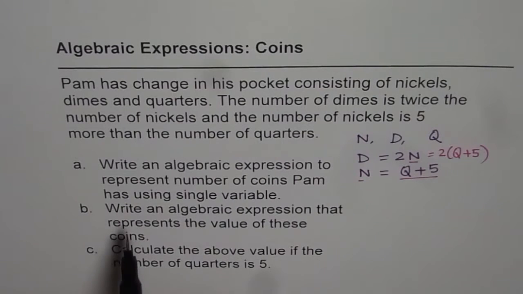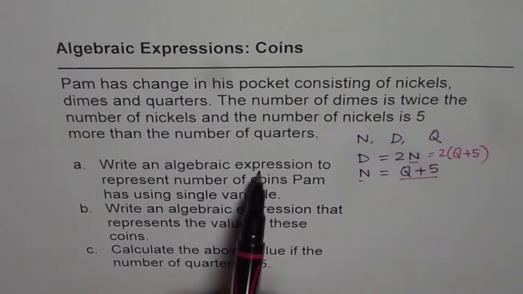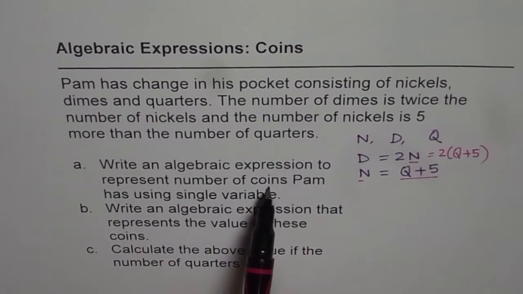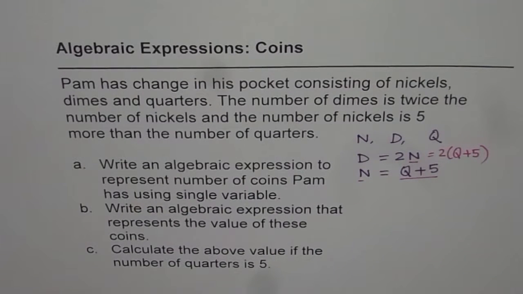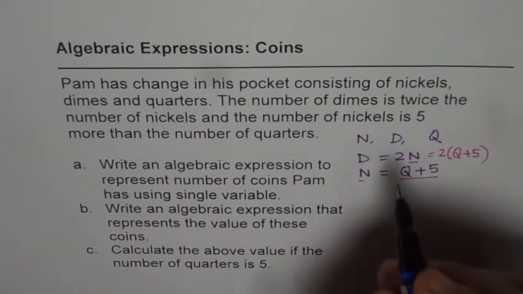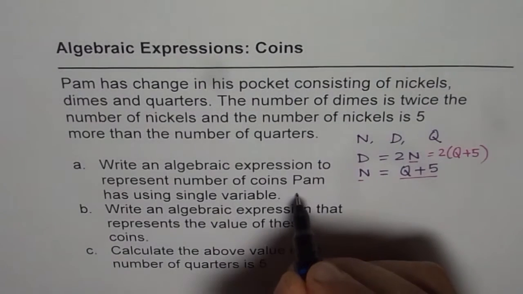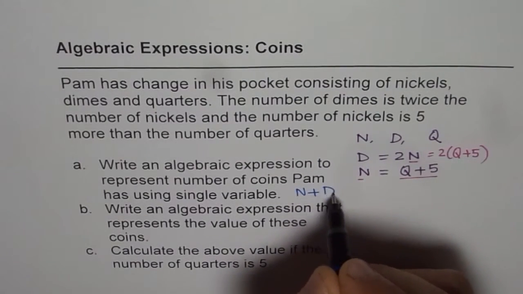Okay, so let's go through this question now in detail. We need to write an algebraic expression to represent the number of coins Pam has using a single variable. So let us first write using multiple variables. It should be nickels plus dimes plus quarters.